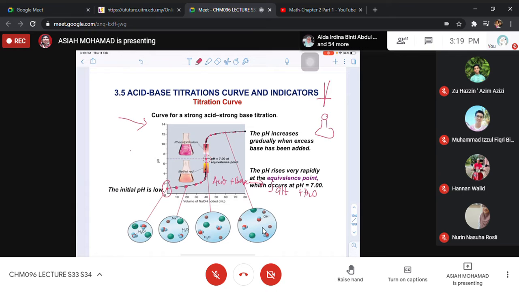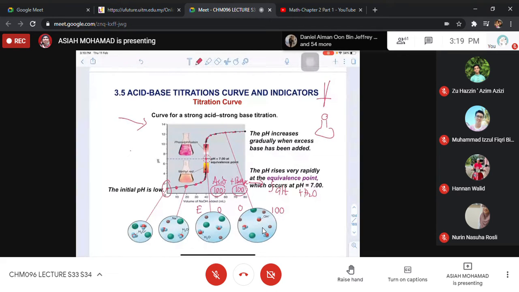So if you have 100 acid and 100 base, all the acid completely reacts, and there is none of these two species left at the equivalent point because all reacted. There is none for acid and none for base, but how much reacted will produce that much salt at the equivalent point.